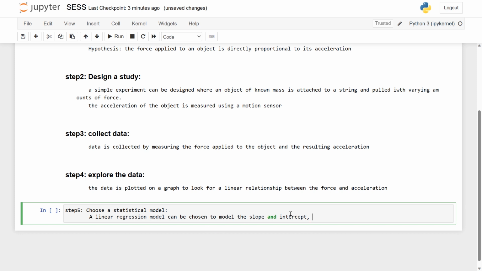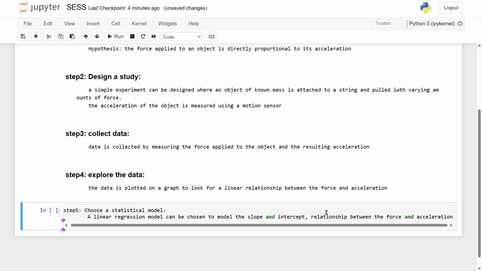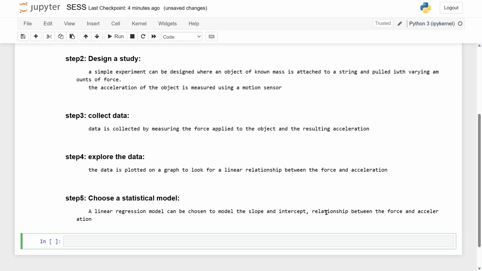Obviously, when you use a linear regression model, slope and intercept come into the picture, and those are estimated. That's our step 5.